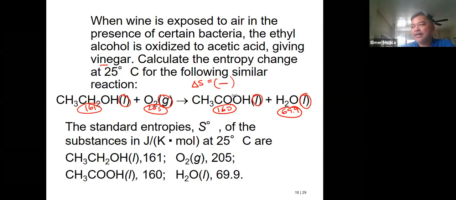How many joules per Kelvin? Because this is J over K. So 160 plus 69.9 joules per K minus 205 plus 161. And your delta S is equal to what?